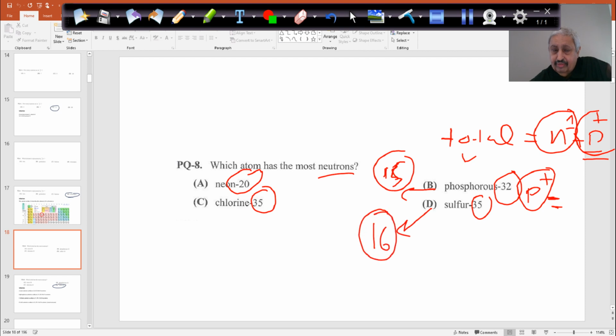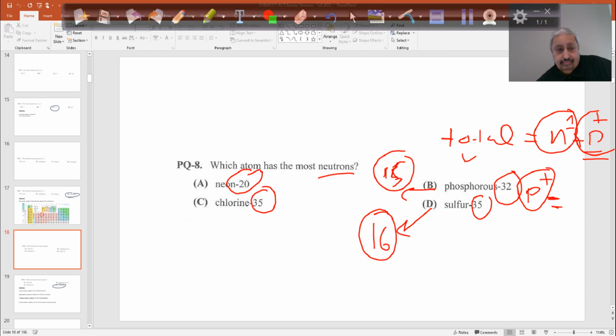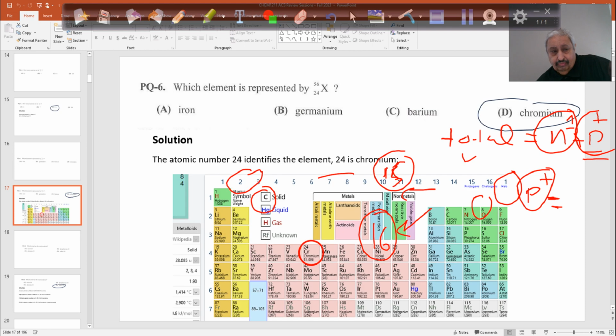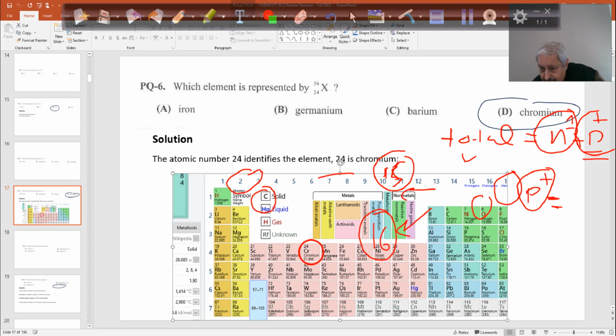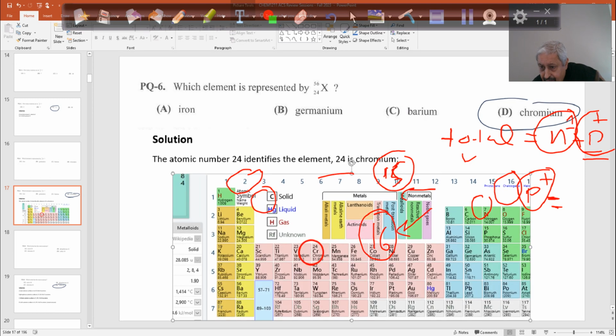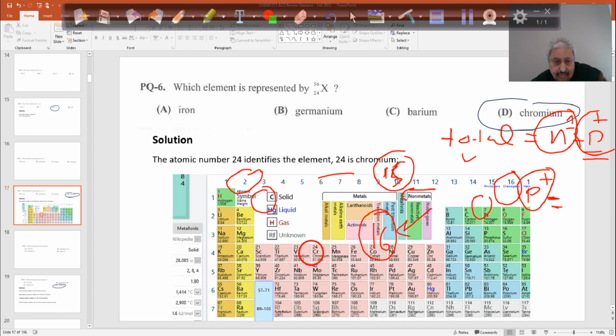Let's pick it up again. Sulfur is 16. Can you see it? Here it is. And then neon, correct? It is cut off here, but let's see if we can get it. No, it's not coming. What's that?